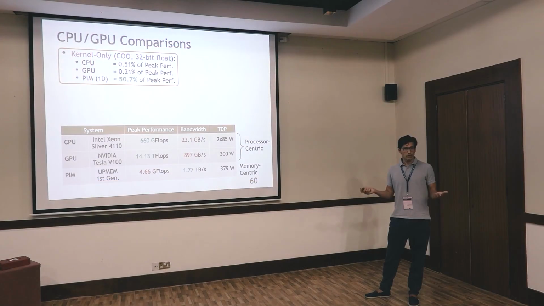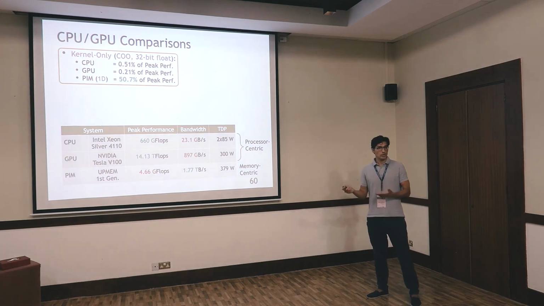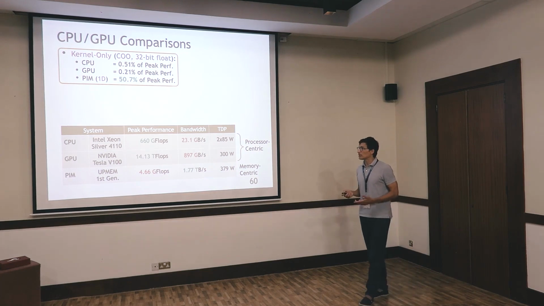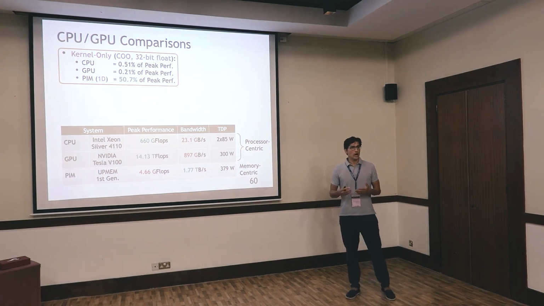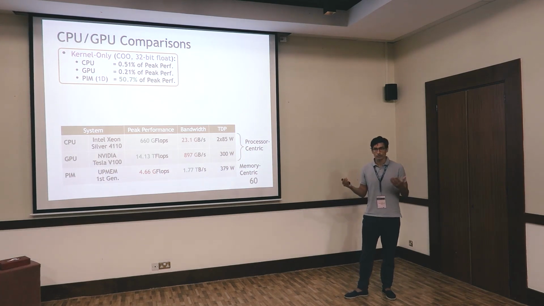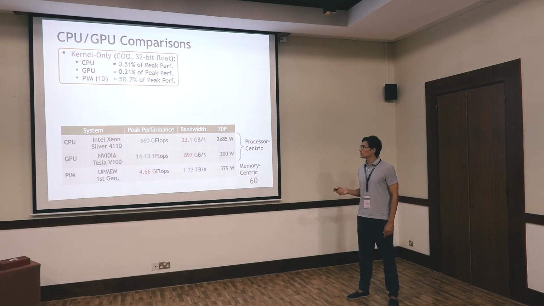So they are heavily imbalanced, right? With respect to this kind of workload that is so important and so useful. What this basically means is that PIM systems are able to better balance compute and memory access, at least for this kind of application. And I think that this is a really interesting observation.